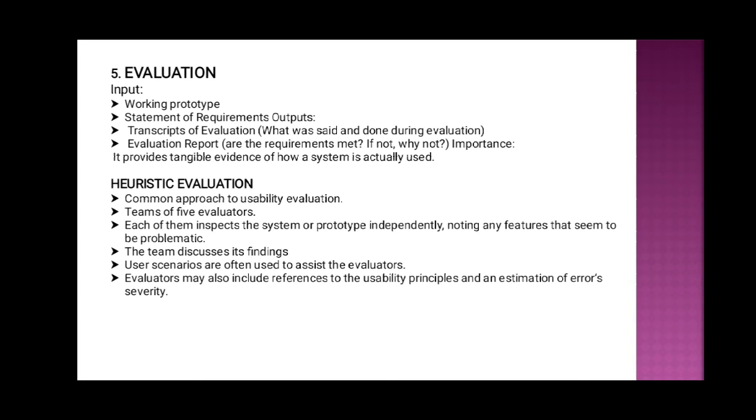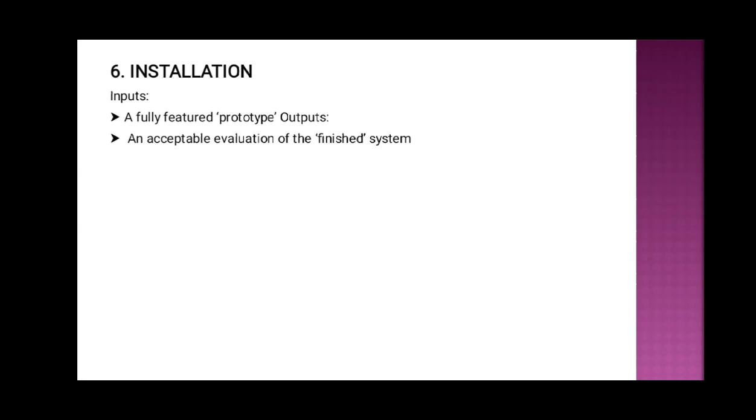User scenarios are often used to assist the evaluators. Evaluators may also include reference to the usability principles and an estimation of error severity. Number 6. Installation. Input: a fully featured prototype. Output: an acceptable evaluation of the finished system.